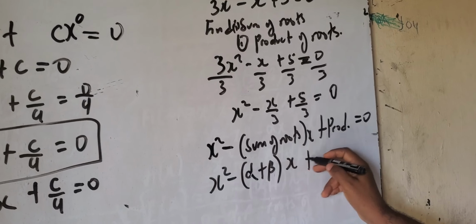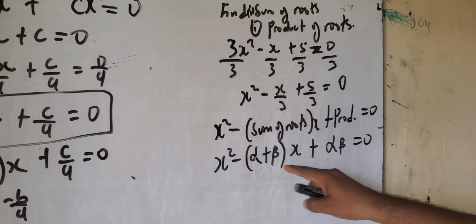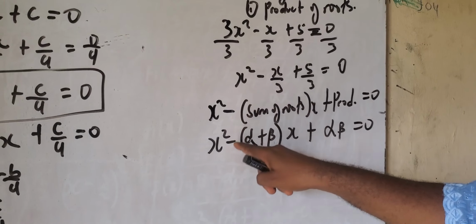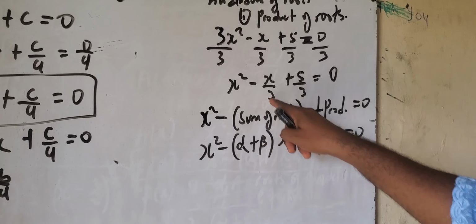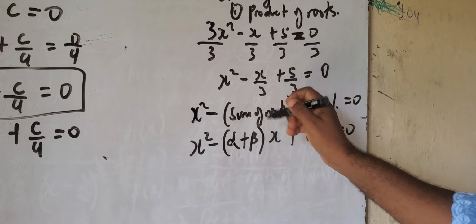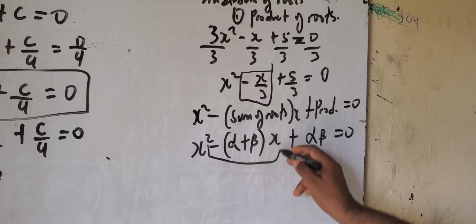Now say x, then say plus alpha beta is equal to 0. Now, if you compare what I have here with this now, x squared goes with x squared, minus goes with minus. Alpha plus beta goes with x all over 3. Or I can say minus x all over 3 goes with minus alpha plus beta.